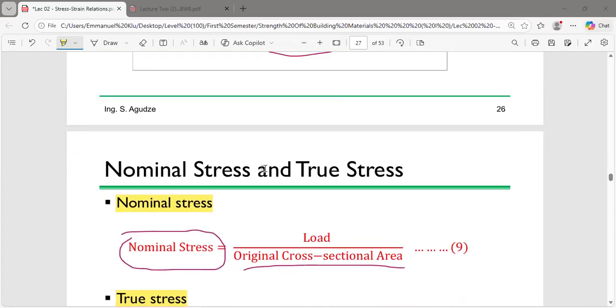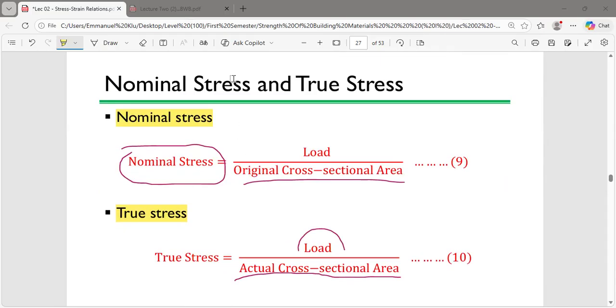So the actual cross-sectional area is the current area of a material's cross-section, taking into account any changes due to deformation, loading, or stress. As the lady said initially, I was just expecting someone to tell me that it's just the opposite of what I said. They are just trying to compare the two. Surely, you know that one will be positive and one will be negative. You understand me? Okay.